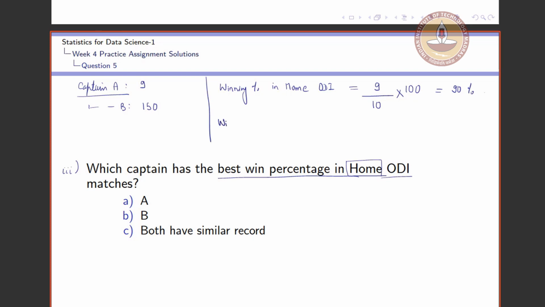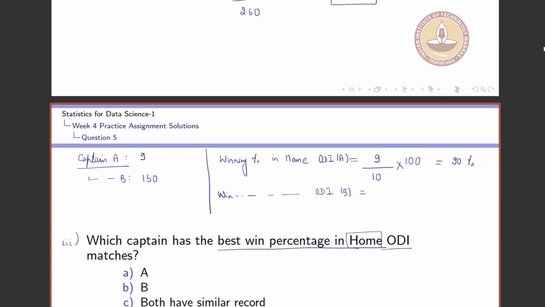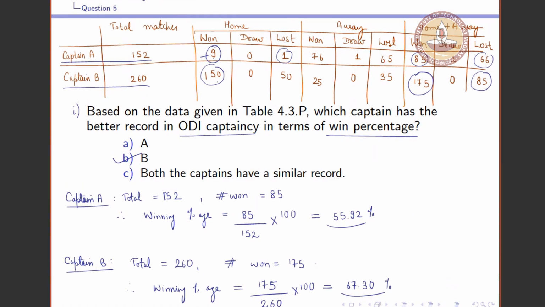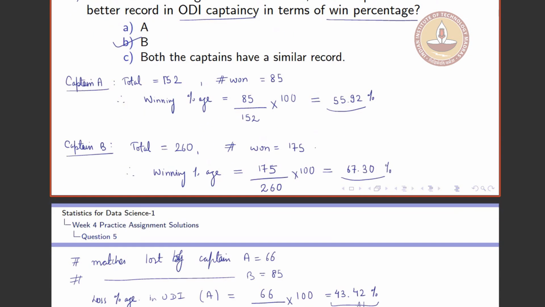Now, the winning percentage in home ODI by Captain B. The number of matches won by Captain B in home ODI, you will see, is 150, and the number of matches lost by Captain B in home ODI is 50.